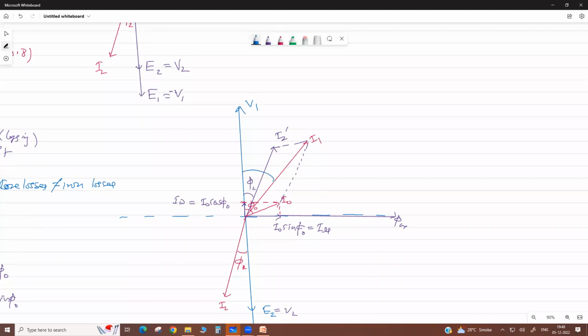This is your phi 1. So I1 is your primary current, and cos phi 1 is your primary power factor.